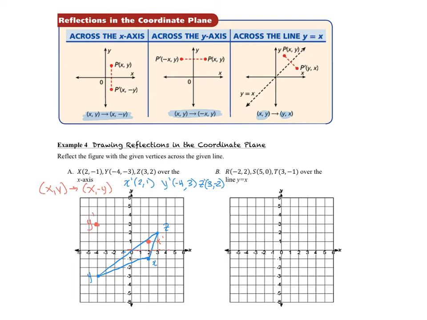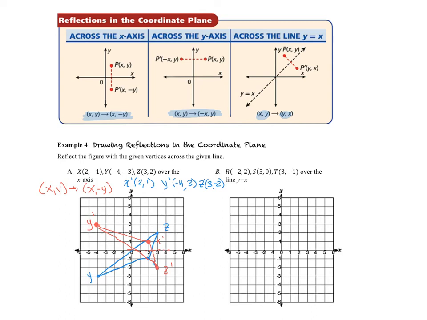And z prime is 3, negative 2. So here it is, flipped over the x-axis. You might be able to see it now. It's a little bit tricky.